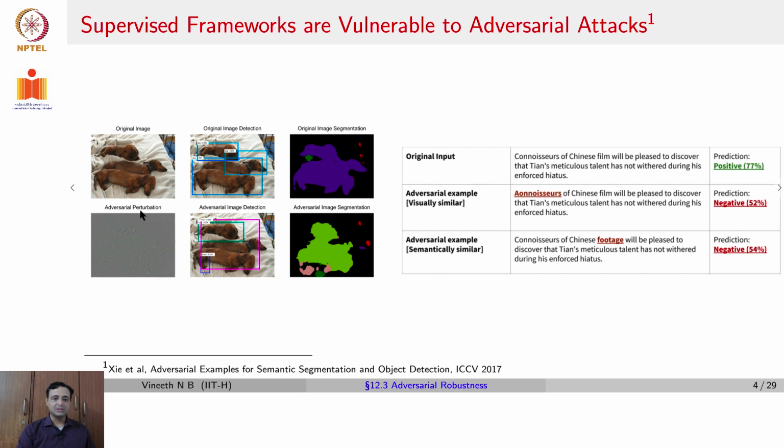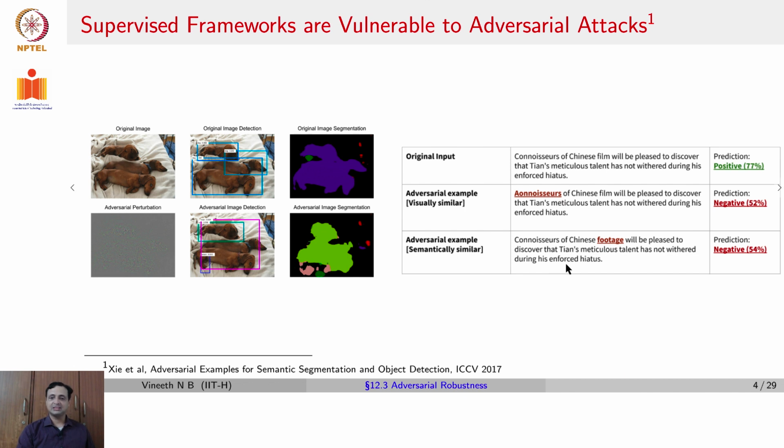But when a small adversarial perturbation is added to this image, now this pink or magenta box that you see here is now a train with a fairly good amount of confidence, and the masks too now reveal a different label for the same image.